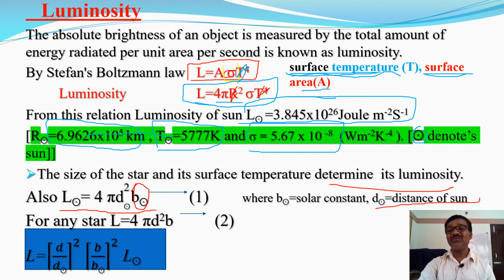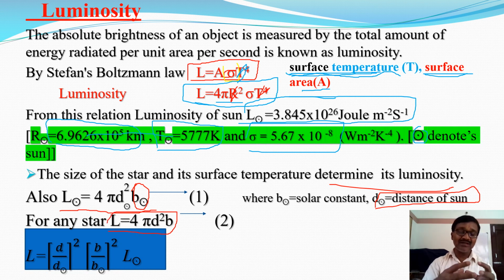This d is the distance of the sun from the earth. By knowing the distance of the sun from the earth and also the solar constant of the sun, we can estimate the luminosity of any star by this equation.